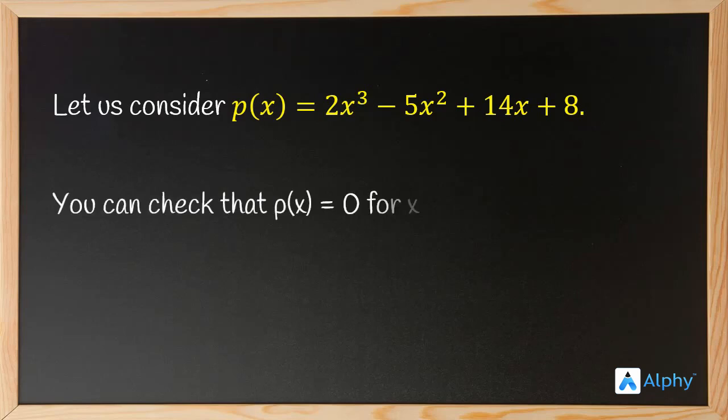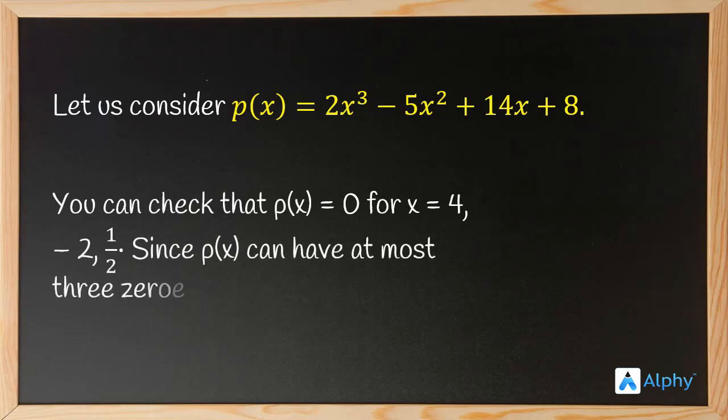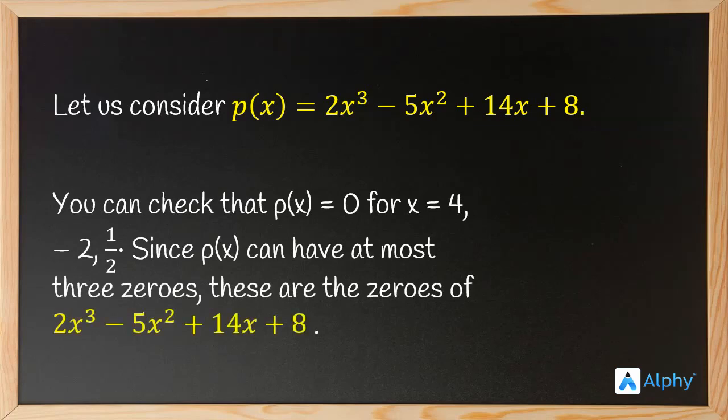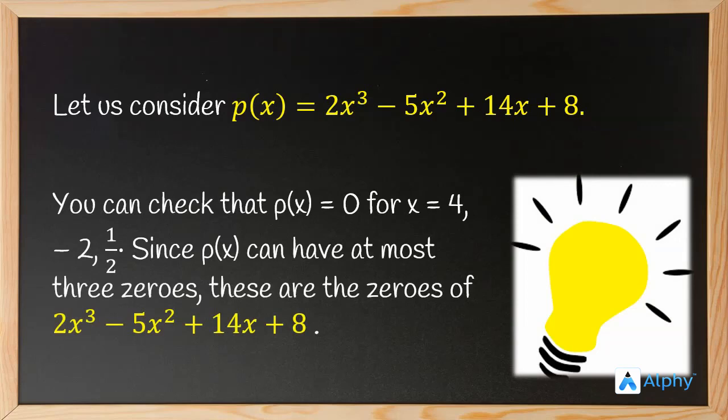You can check that p of x is equal to 0 for x is equal to 4, minus 2 and half. Since p of x can have at most 3 zeros, these are the zeros of the given polynomial. Now how do we find the zeros of a cubic polynomial? Basically the best method is to try and put in values, because usually there is no direct way of factorizing a cubic polynomial.